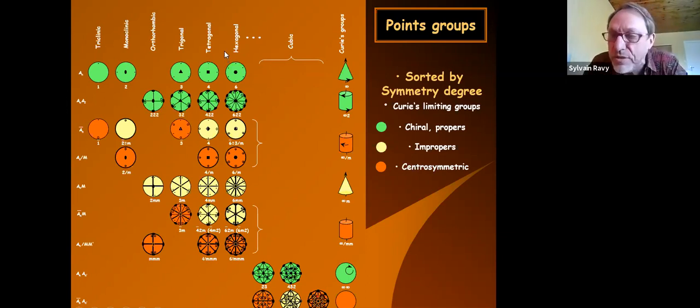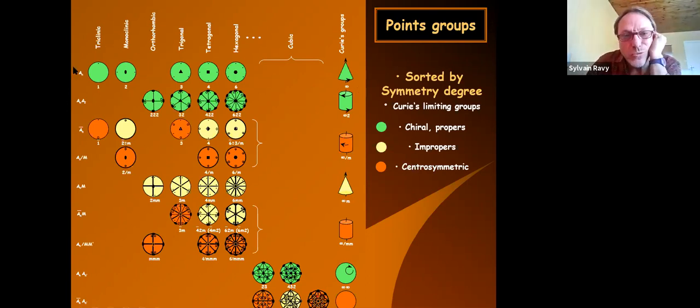I skipped five-fold symmetry, which is possible here. But you can also have seven-fold symmetry, eight-fold symmetry, and so on, and infinite symmetry, where you reach what is called the Curie limiting groups with a continuous symmetry.